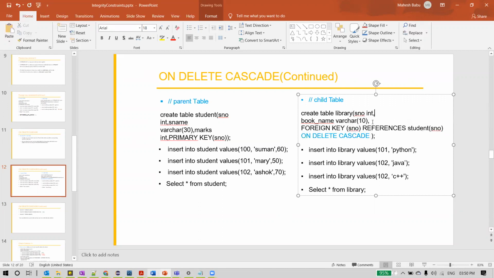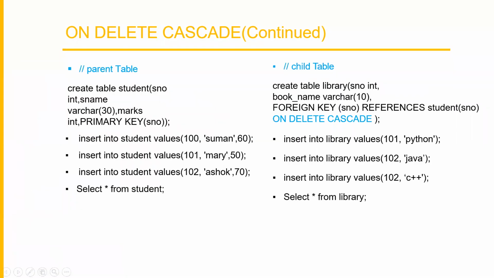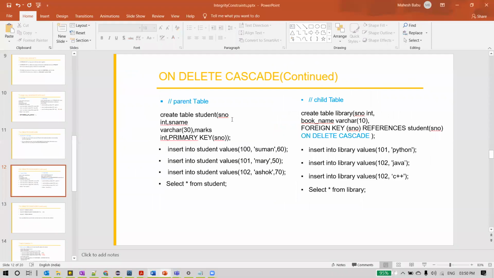Earlier we defined it right after defining the column S number. This time we are defining a foreign key at the table level, and then we say on delete cascade. On delete cascade means that when we delete some row from the parent table, it automatically deletes the corresponding rows from the child table. This is the use of on delete cascade.